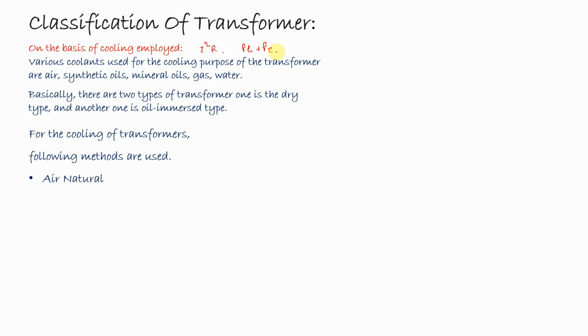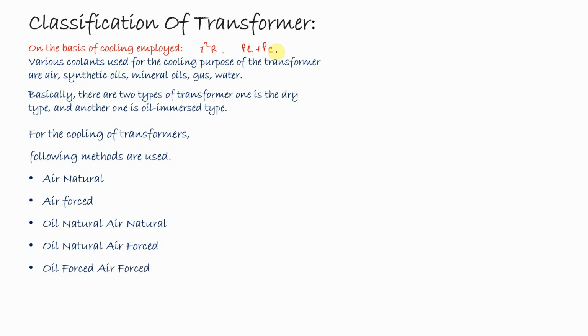like air natural cooling, air forced cooling, oil natural air natural cooling, oil natural air forced cooling, oil forced air forced cooling, oil natural water forced cooling, and oil forced water forced cooling. So these are the different types of cooling methods.